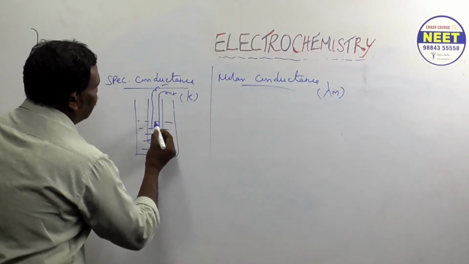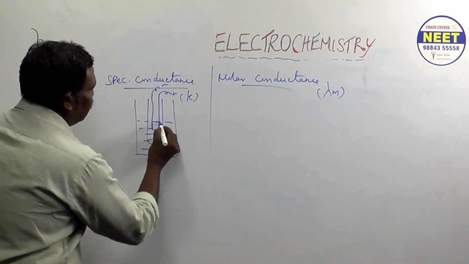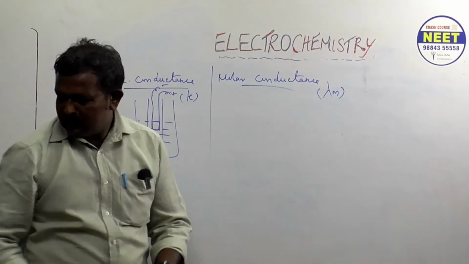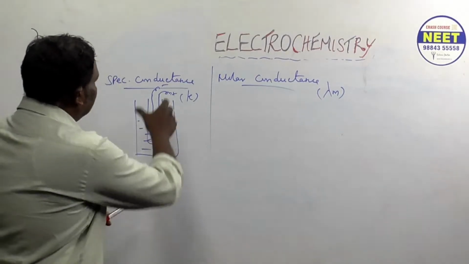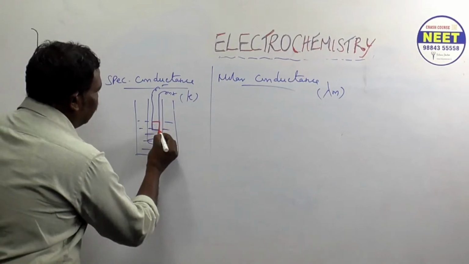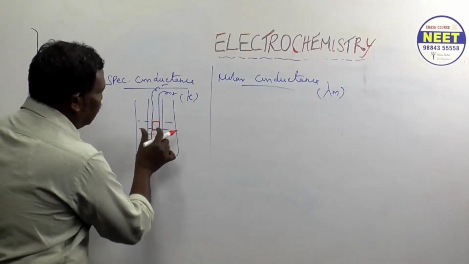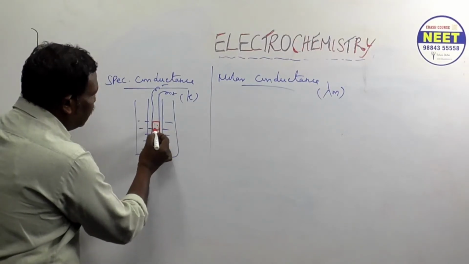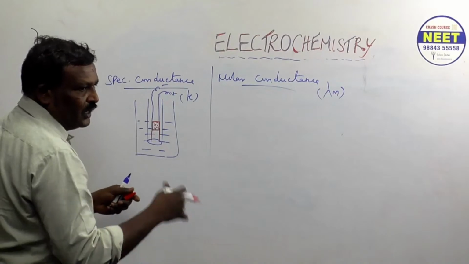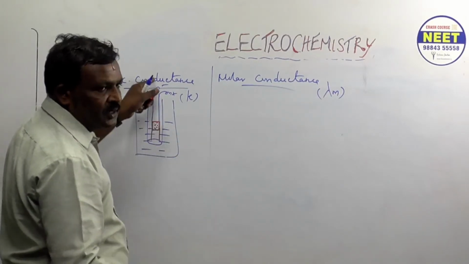Conductance of the solution containing one unit volume of the solution. In between, how many ions are present? Conductance depends upon the number of ions. If you have more number of ions, more conductance takes place.